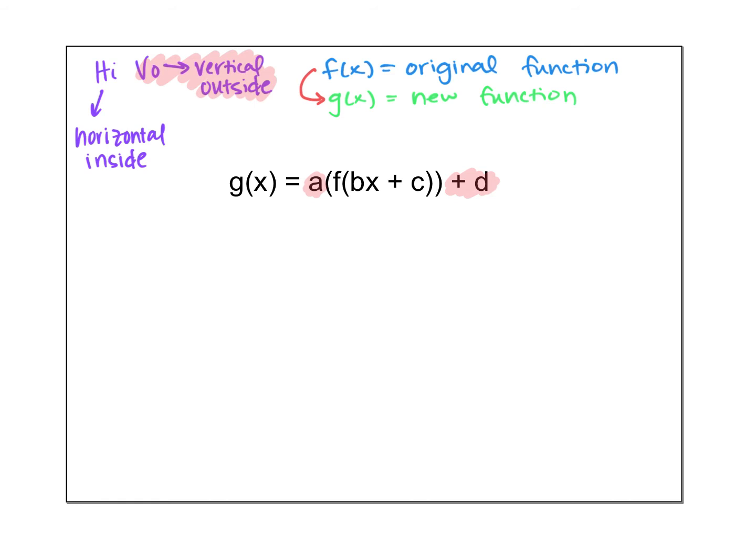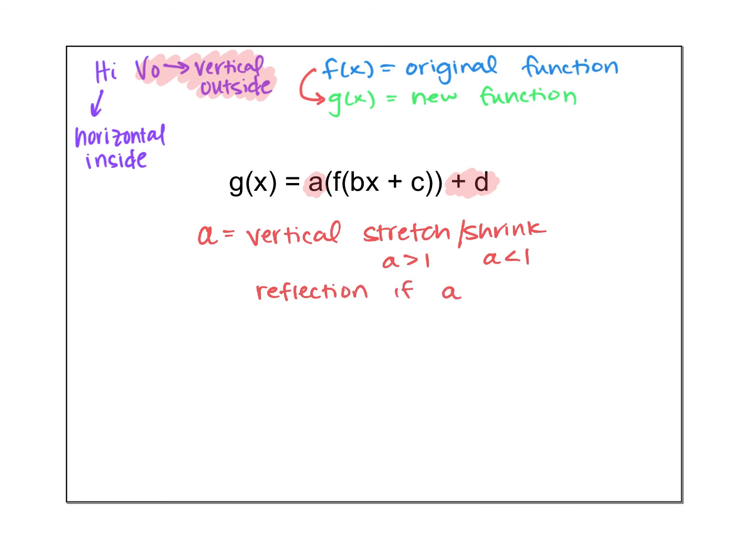So to recap the patterns that we found in our last lesson, if we multiply by some factor on the outside, this is going to be a vertical stretch or shrink. It's a stretch if this value is greater than 1. It is a shrink if this value is less than 1. This a value could also represent a reflection if a is negative.